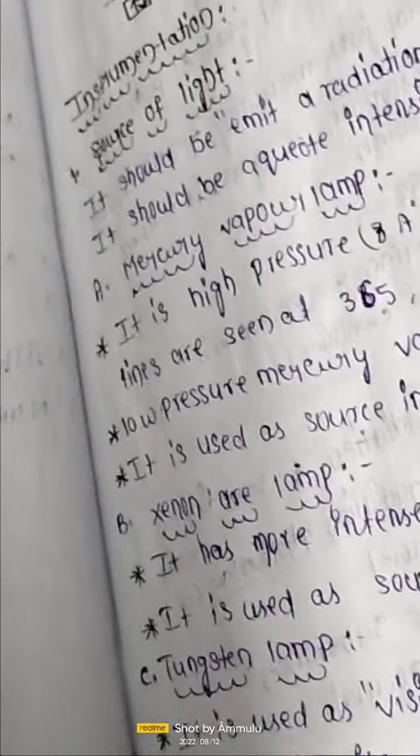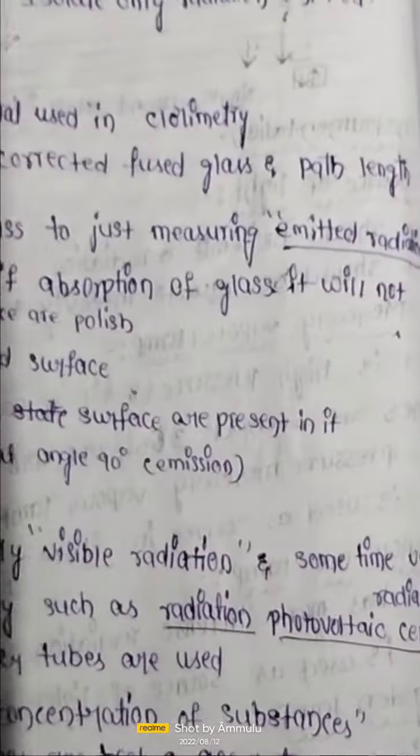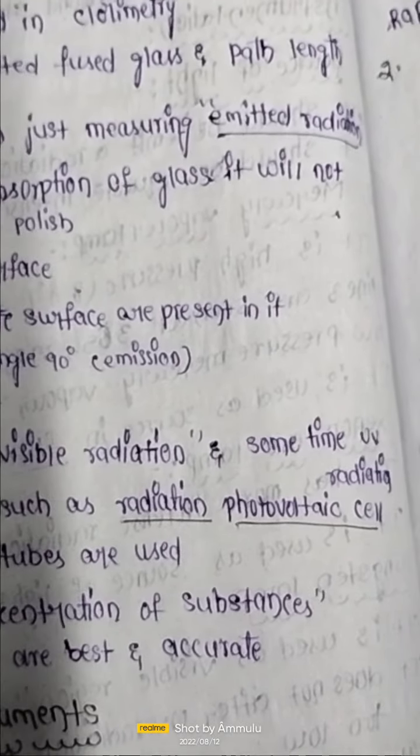So that's why it is highly expensive when we compare it to the others. And the excitation monochromator provides the suitable radiation. When we compare to the emission monochromator, the excitation monochromator will provide the suitable radiation.